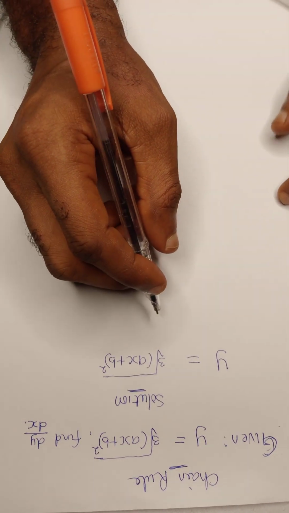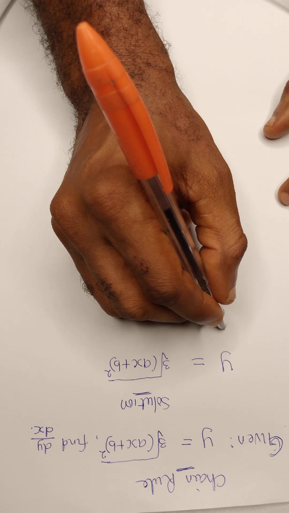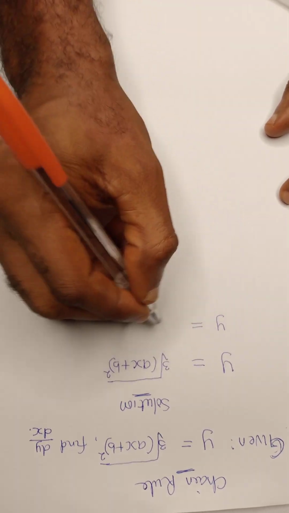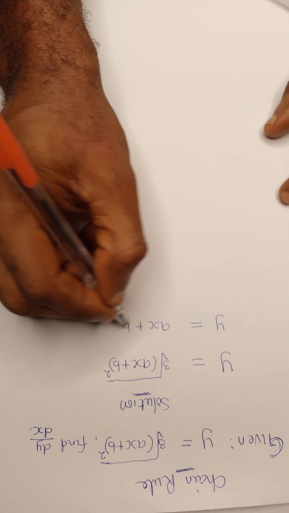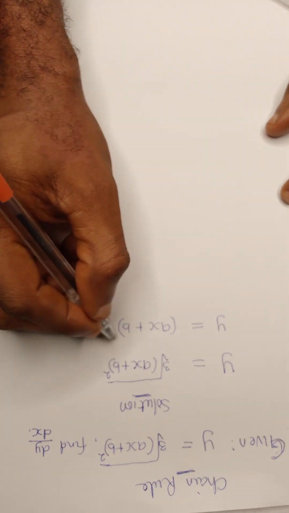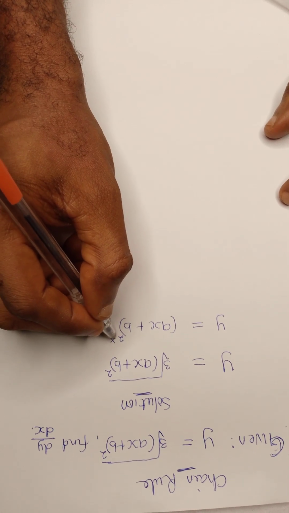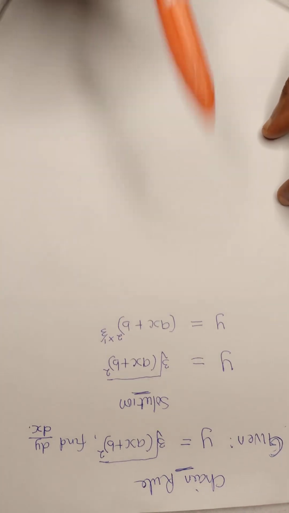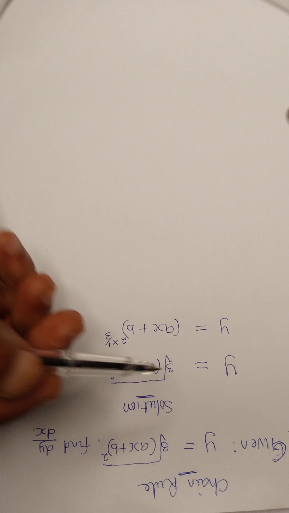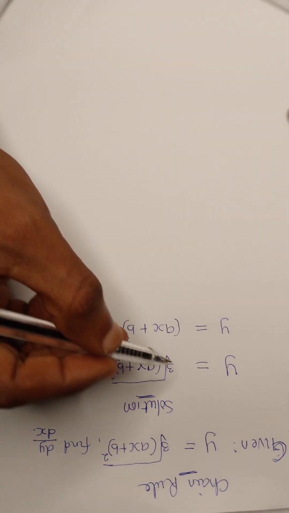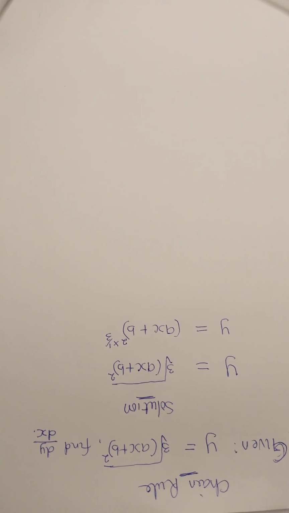Because it is cube root, we can rewrite this equation this way: ax plus b, all raised to the power of 2, times 1 over 3, because cube root is the same thing as raised to the power 1 over 3. If it were just square root, it would have been times 1 over 2.